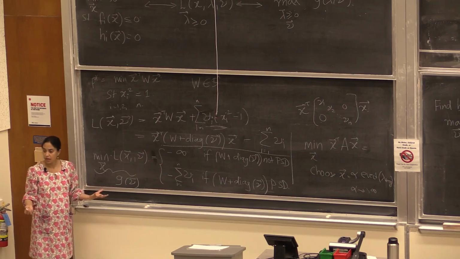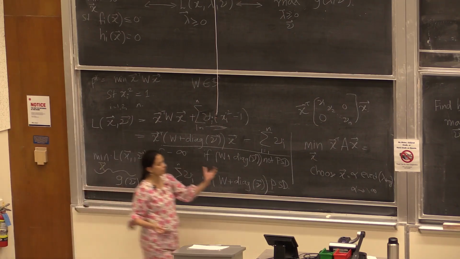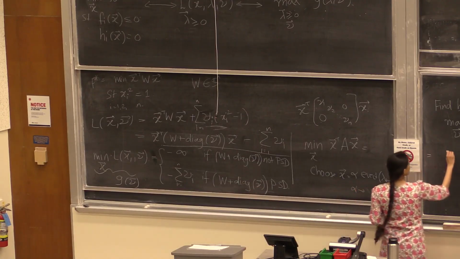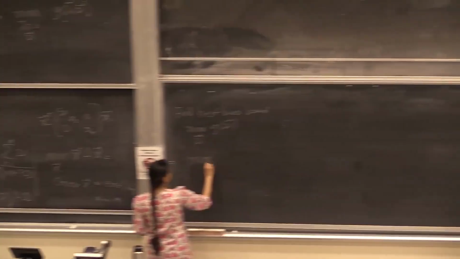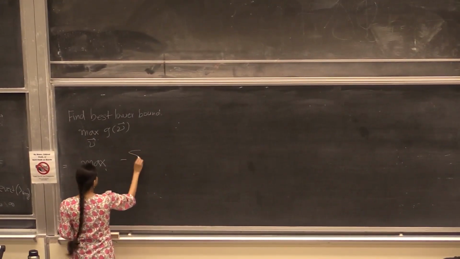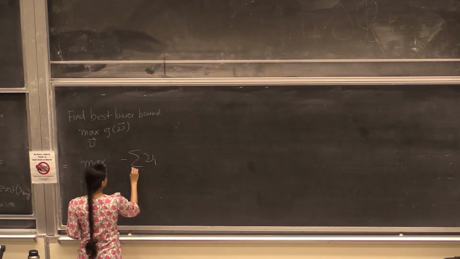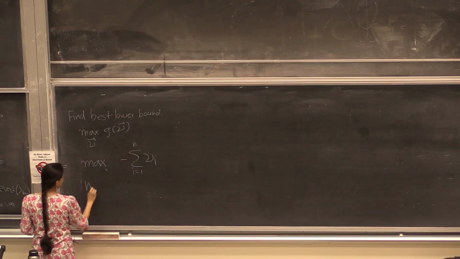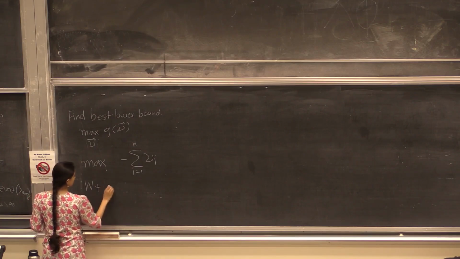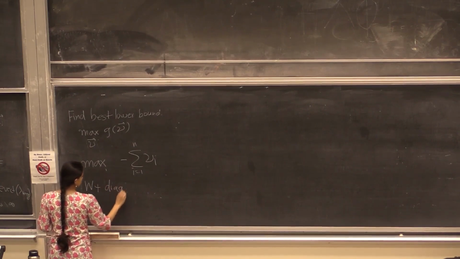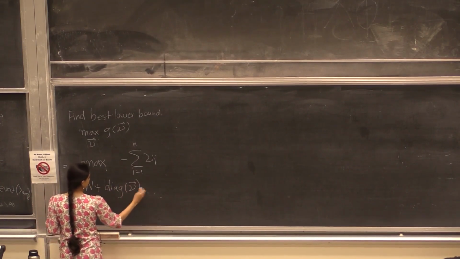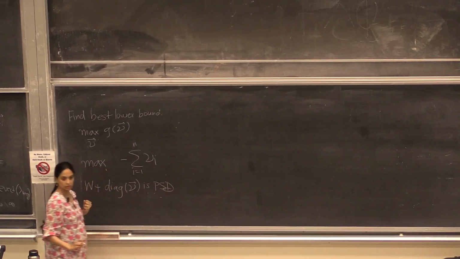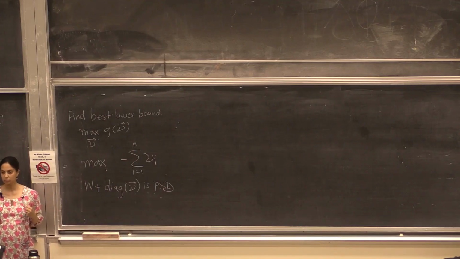And so instead of writing these two cases, I'm going to say that this is the same as maximizing the sum subject to the constraint that W plus diagonal nu is PSD. Okay?